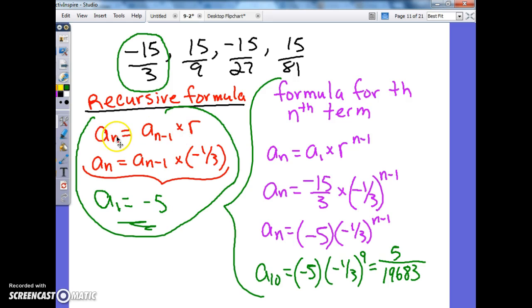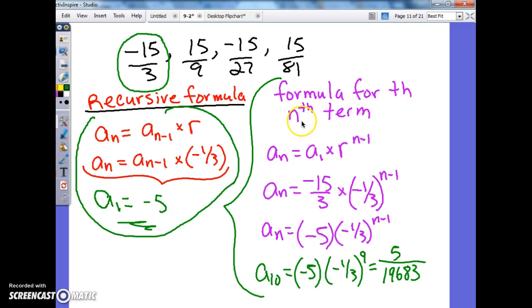But for this, it's a sub n equals a sub n minus 1 times r. And all we need to do is fill in for r. This is the same for any recursive formula, arithmetic or geometric. In this case, instead of plus d, it's times r. So a sub n equals a sub n minus 1 times negative 1/3. There's my recursive formula, and we have to put the given, what the first term is.